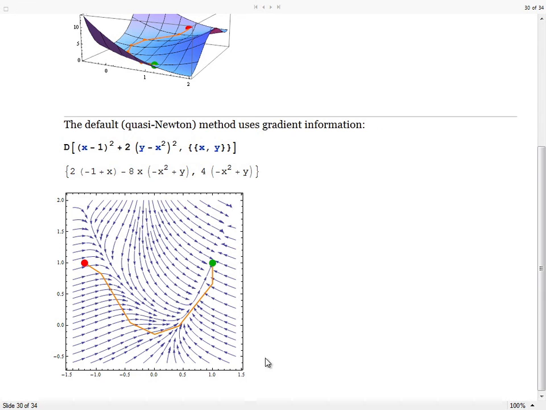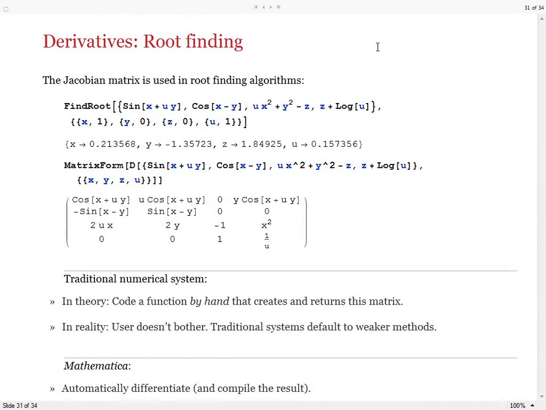This diagram shows the steps of the minimization algorithm over a vector plot of the gradient field of the objective function. Here's another example. Root finding algorithms use the Jacobian to move towards the location of a nearby root. In this four-dimensional root finding problem, the Jacobian is this moderately large expression.